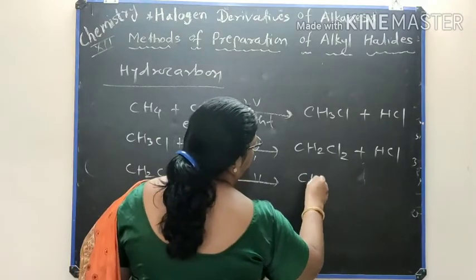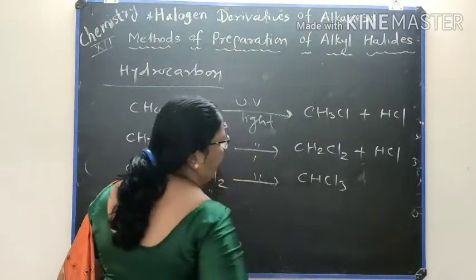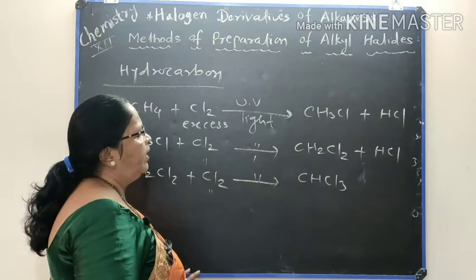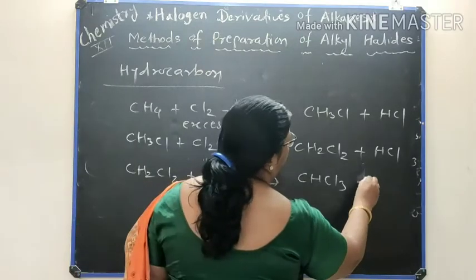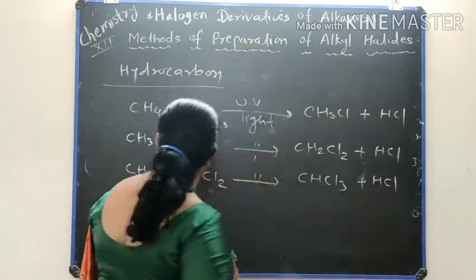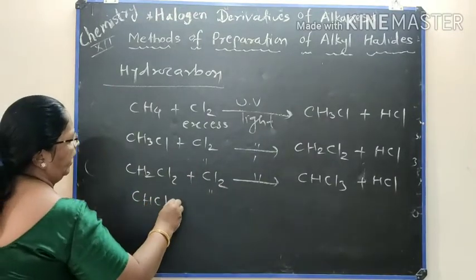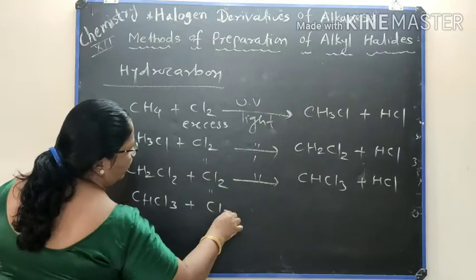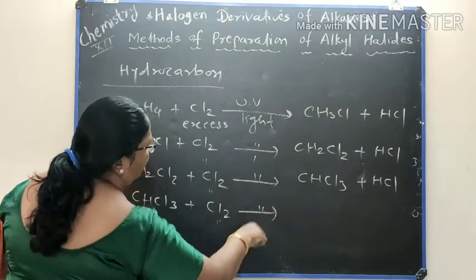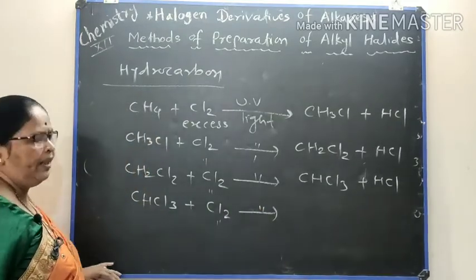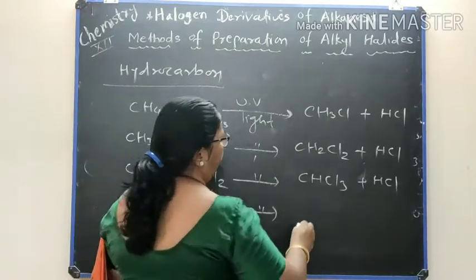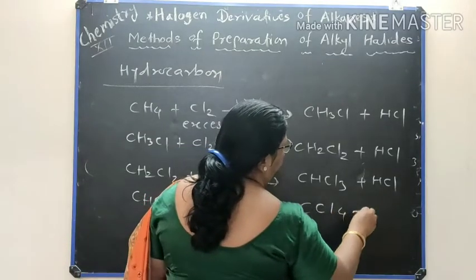Mostly it produces chloroform CHCl3, or it is called as trichloromethane with HCl. Again trichloromethane CHCl3 react with excess of chlorine in presence of UV light or diffuse sunlight. It gives carbon tetrachloride.